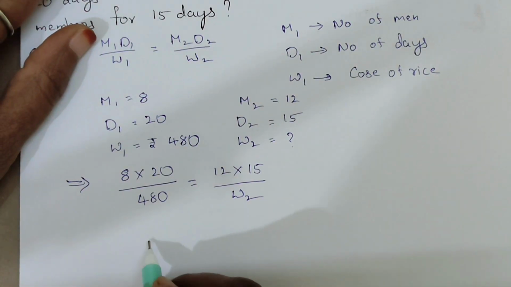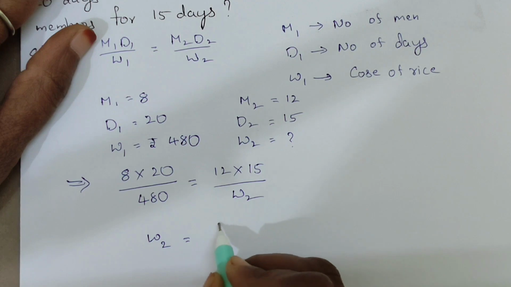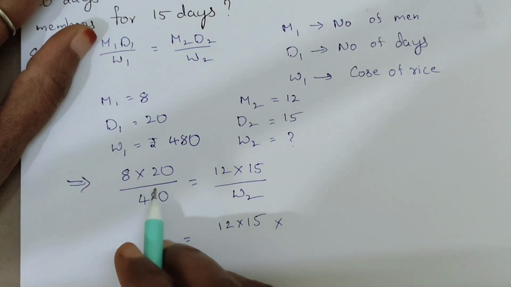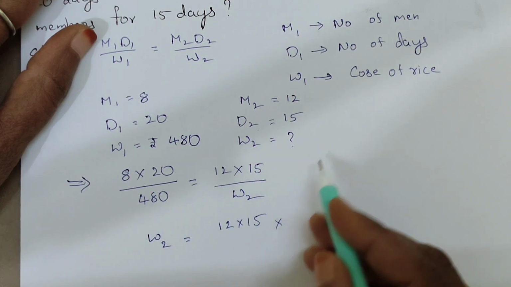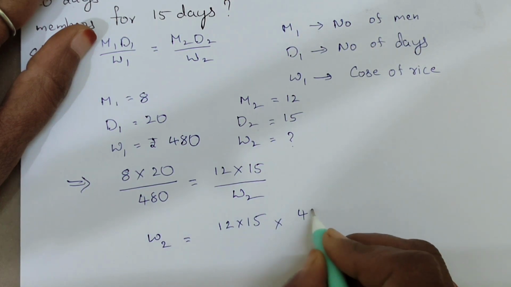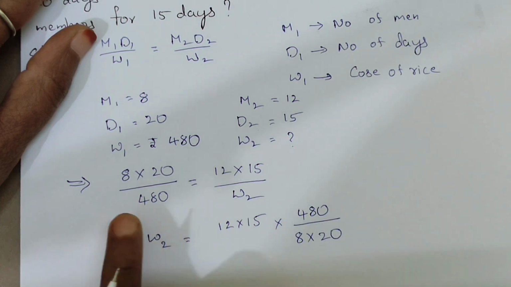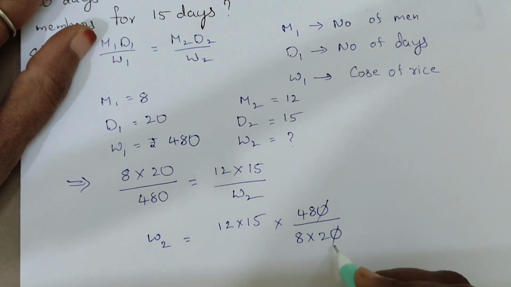Now W2 carries to the left-hand side: 12 into 15 written like this, and the fraction carries to the right-hand side, so we write the reciprocal. What is the reciprocal? 480 by 8 into 20. So this is the reciprocal of this fraction. The zeros get cancelled.